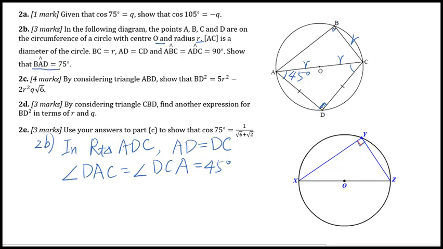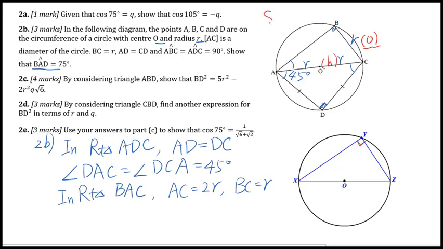Show that angle BAD equals 75 degree, which means we need to figure out this angle BAC is 30 degree. So in right triangle BAC, we know AC equals 2R and BC equals R. Therefore, for this right triangle BAC, according to SOHCAHTOA, BC is the opposite side and AC is the hypotenuse side.